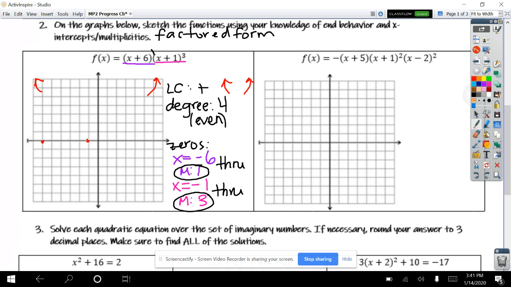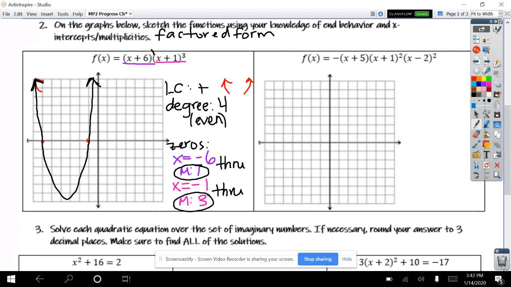So the way my graph is really going to end up looking is like this. It ends up looking like a parabola. And I'm just going to erase this over here because I'm not going that far. So it ends up like that because I have 2 zeros and I'm going through both of the zeros, and then my end behavior is up on both sides. So that's what my polynomial looks like.